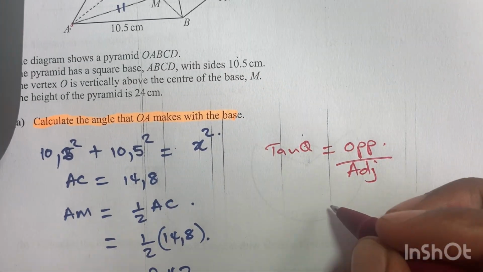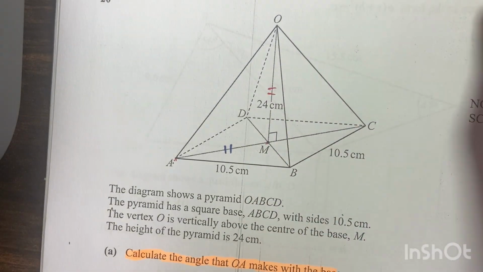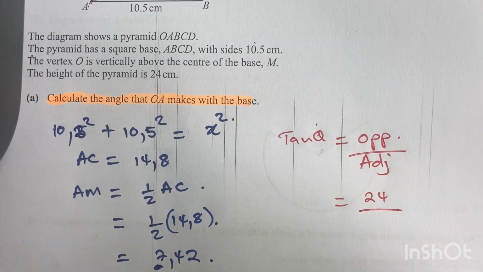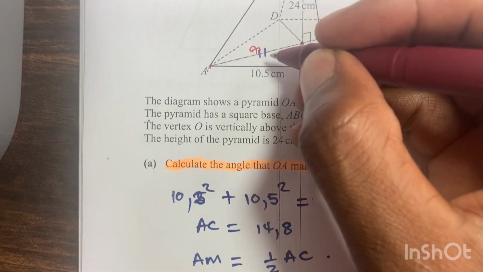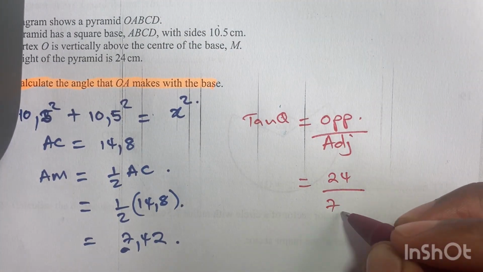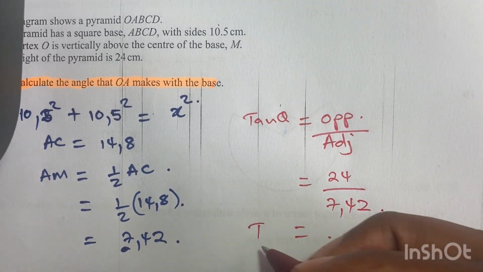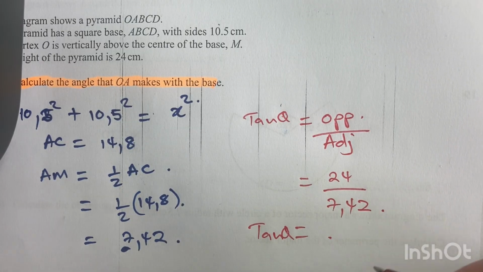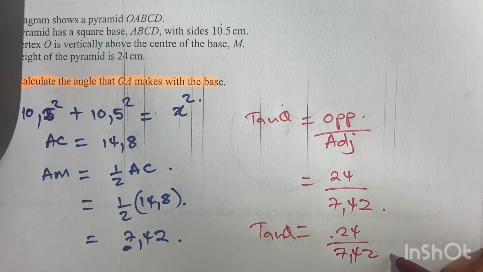My opposite in this case is the height, 24, over the adjacent, which is the value of AM, 7,42. So tan theta is equivalent to 24 over 7,42.